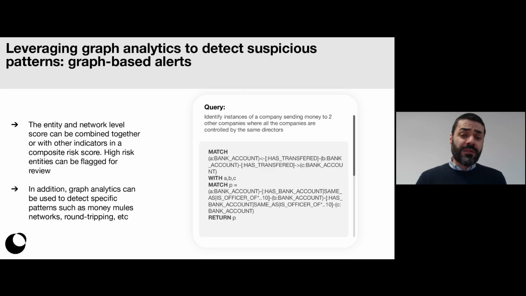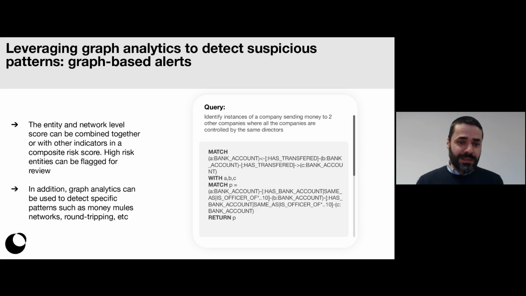And finally, graph analytics can be used to detect suspicious patterns. And we are going to give you some examples of that. So first, the entity and the network level scores can be combined together or with other indicators in a composite risk score. And that composite risk score will probably have even more value than just the entity level or the network level risk scores.